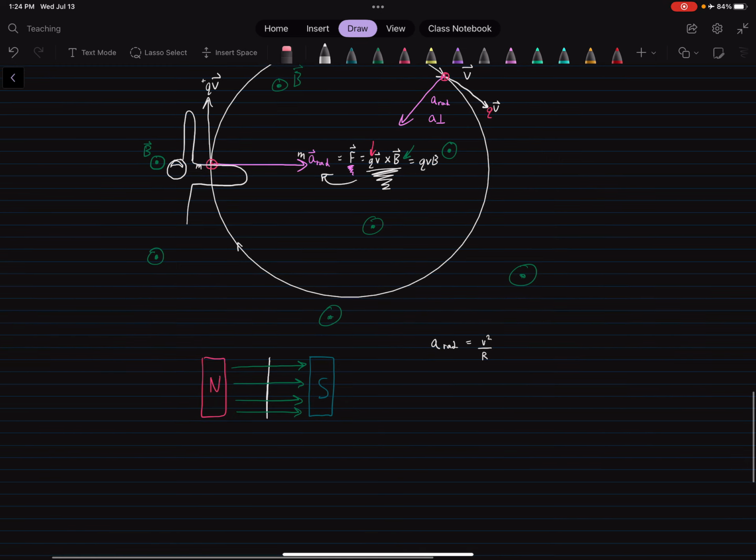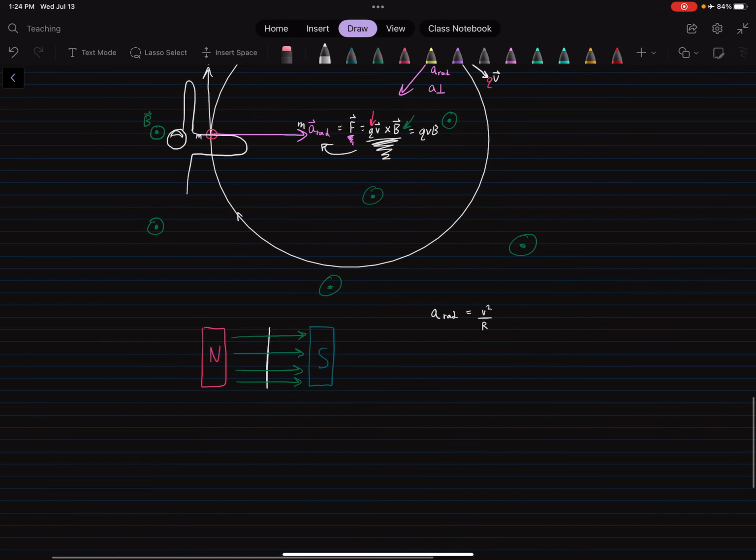Then we can say that the force, so this is a_rad, the pink one up there, and so the force that this charged particle is experiencing is equal to, on the one side, m a_rad, and on the other side, q v cross B, which is equal to qvB, right?